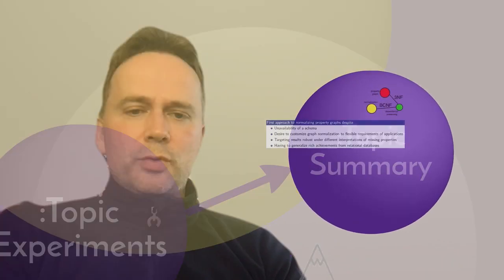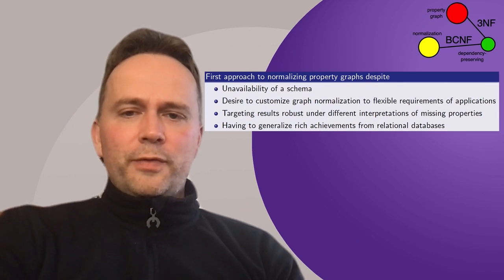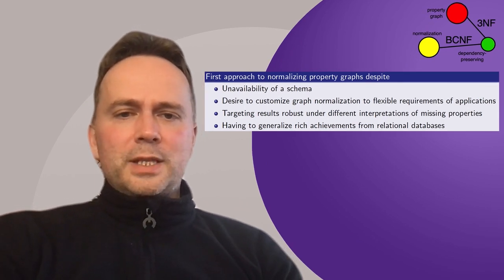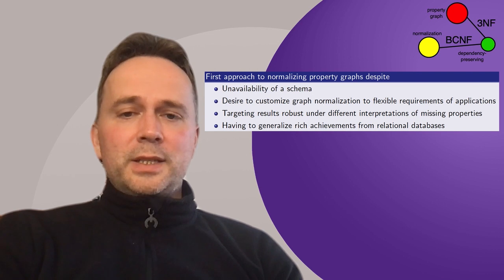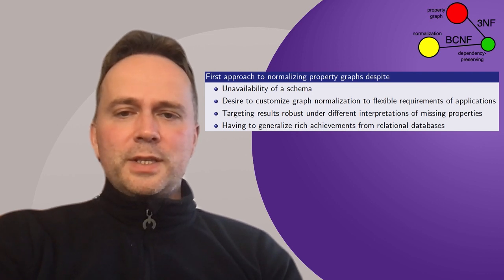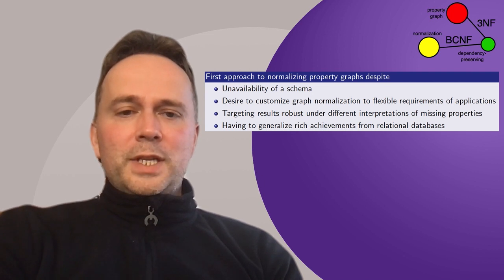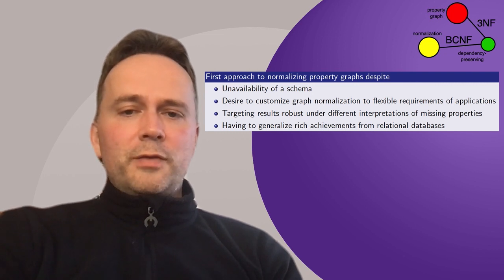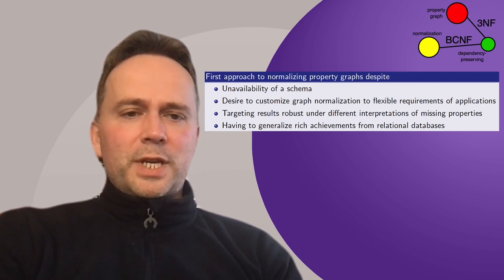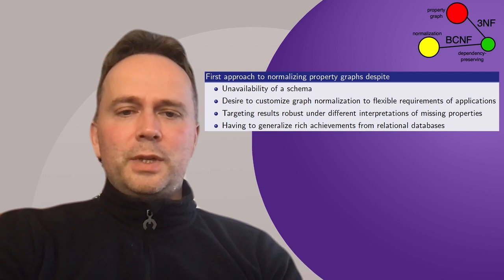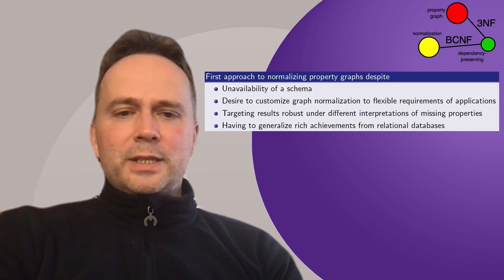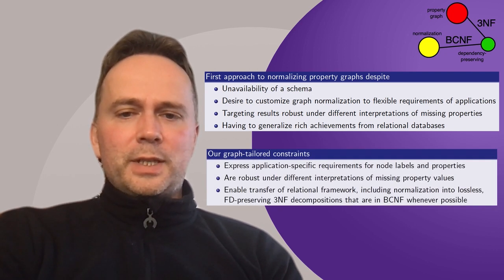So just to summarize now, we've delivered a first approach to normalizing property graphs, despite many challenges present, like not having a schema, needing to be flexible in terms of the requirements of applications, having to deliver robust results under different interpretations of missing properties, for example, and wanting to generalize the rich achievements from relational databases.